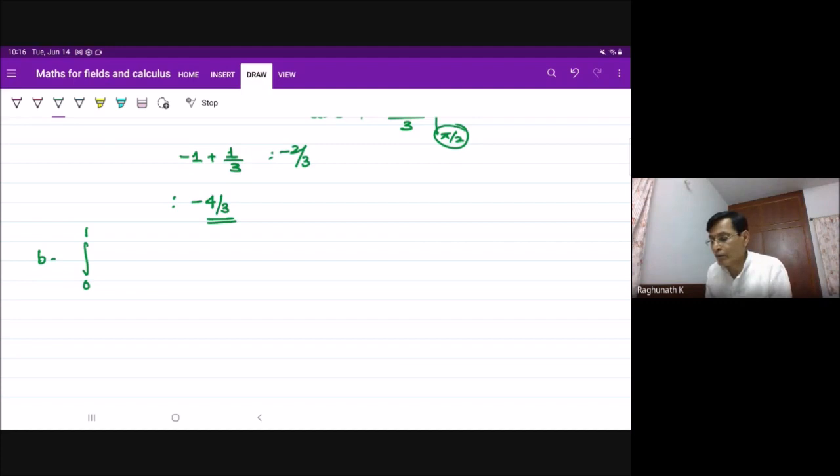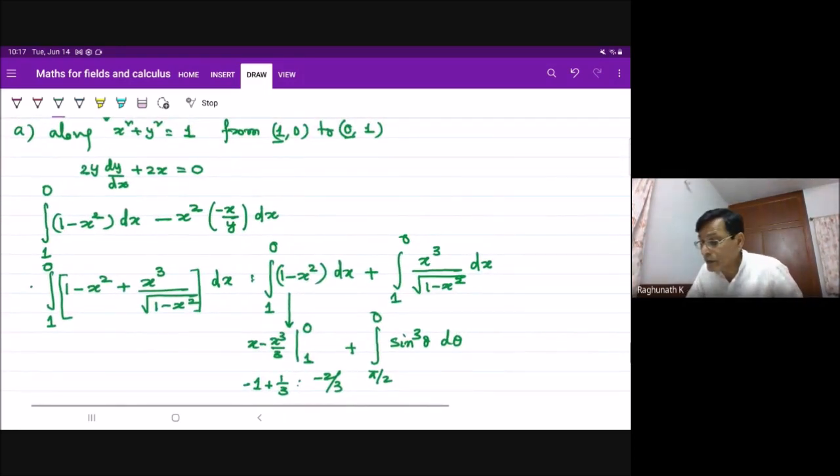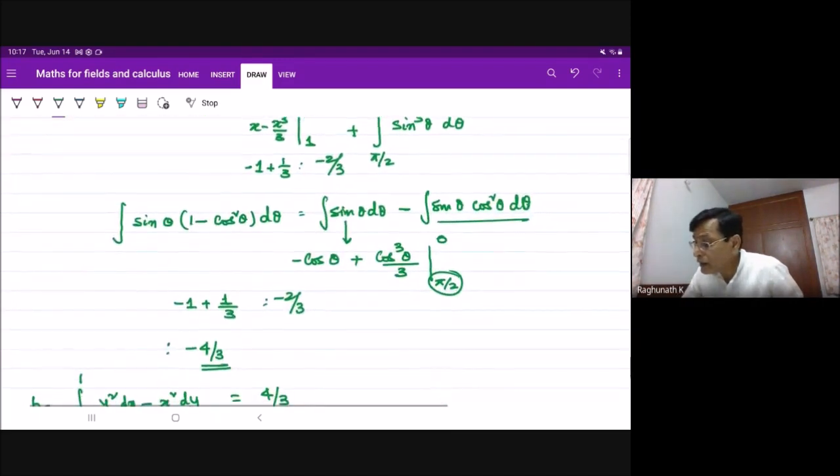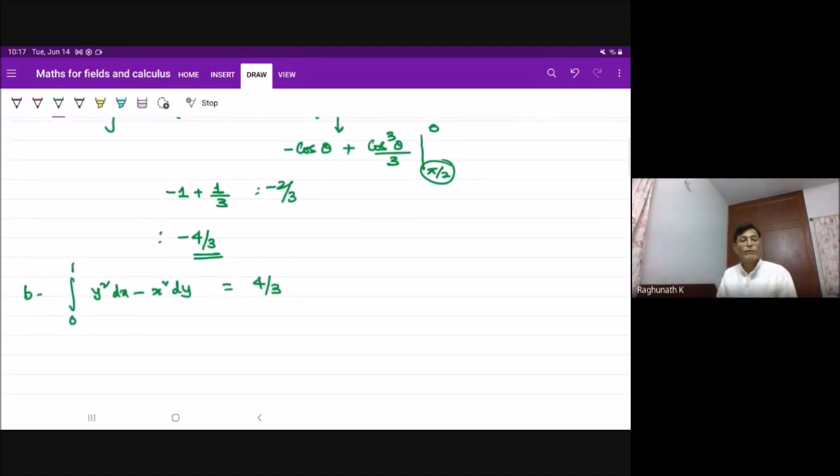Integral 0 to 1 of y squared dx minus x squared dy definitely is equal to 4 by 3, because 1 to 0 of the same function gives me minus 4 by 3.